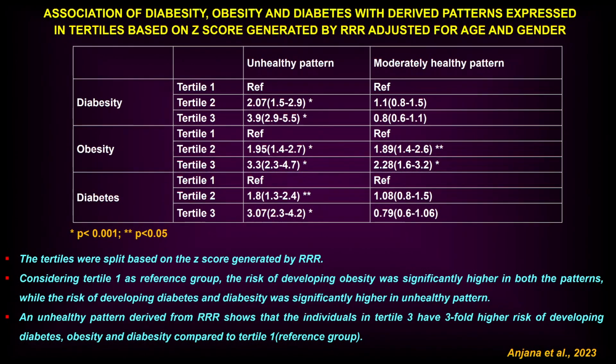And these are the tertiles of the regression. Look at the first one, diabesity, it's clearly increasing with increase in the unhealthy pattern. So the further away a physical activity area is, more damage. For closer unhealthy food outlets, more damage. Less physical activity, more damage. So like that, we are able to show.